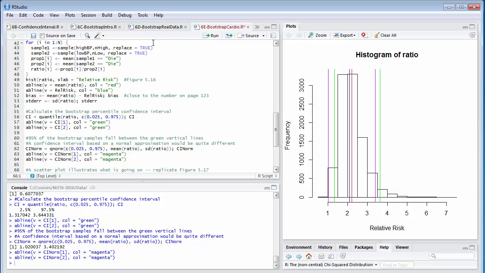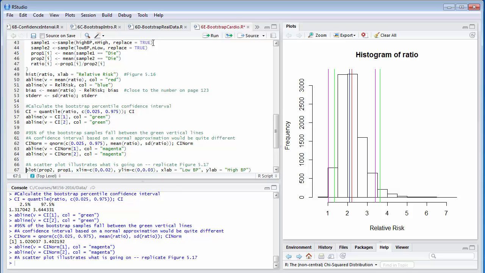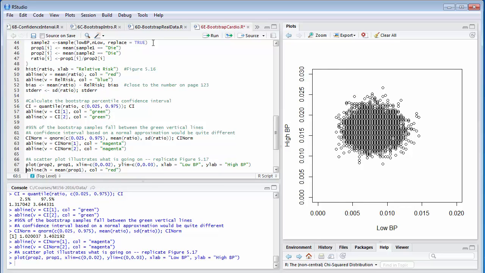Now, here's a nifty way to display this data with a scatter plot. This is going to replicate figure 5.17 in the textbook. I will set up a blank plot, and on that I will put the actual data of proportions of deaths in the two different cases.